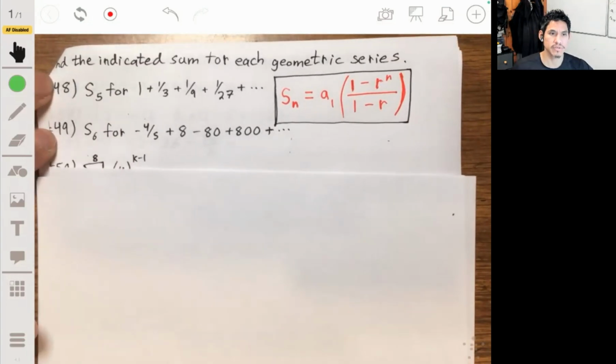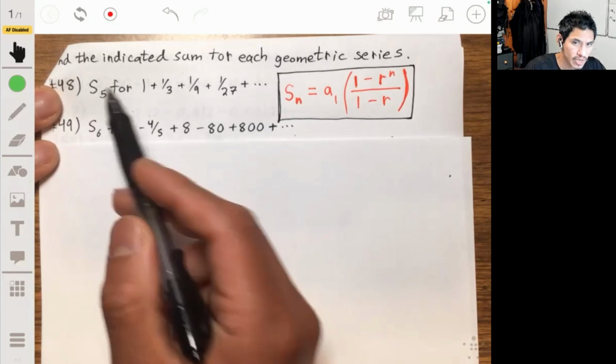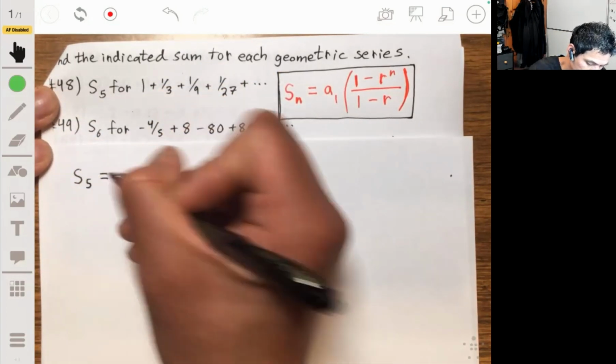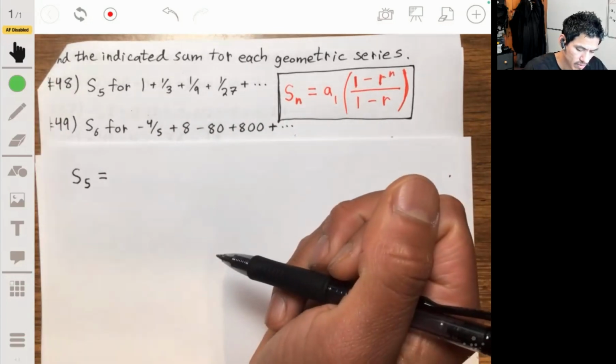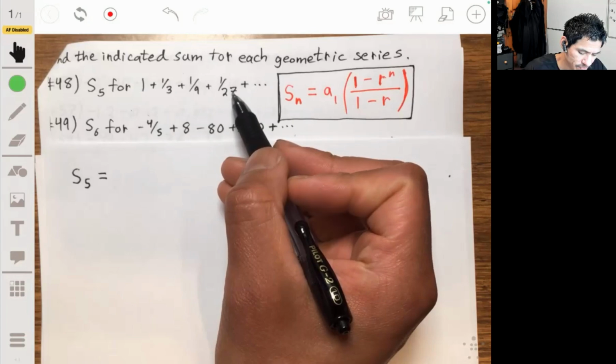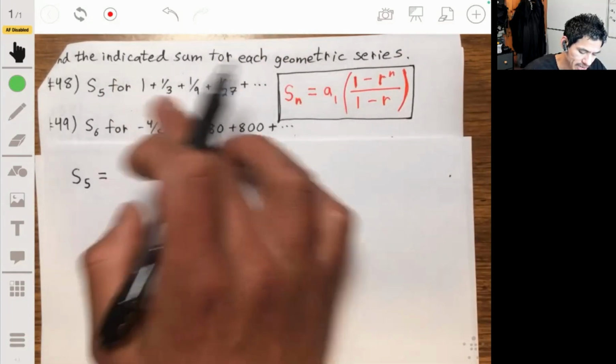Okay, so let's look at the first problem. We're going to find S5, the sum of the first 5 terms, which is kind of pointless, I wish they asked for a larger sum. But anyways, we already have the first 4.